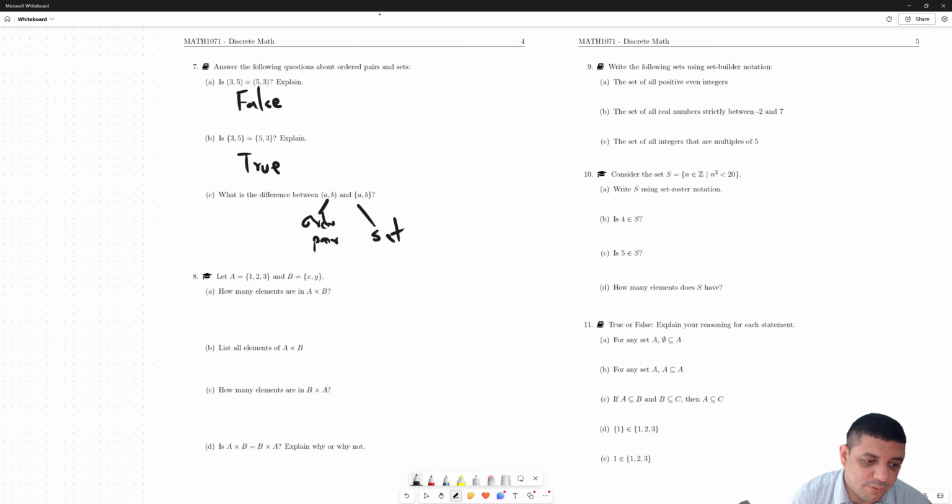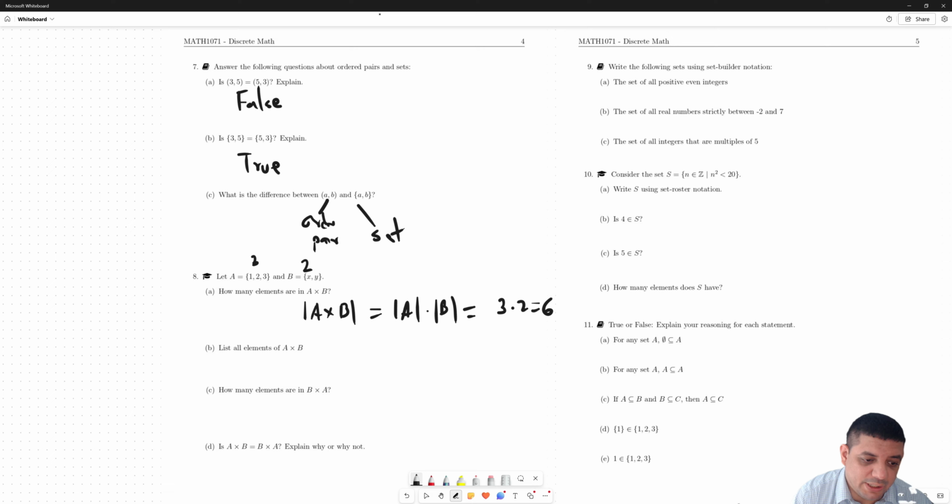Now, once again, we're going to consider the Cartesian plane. So how many elements do we have in A? How many elements do we have in B? How many elements do we have in A times B? Well, we have 3 elements here, and we have 2 elements here. So the number of elements in A times B is the number of elements in A times the number of elements in B, which is 3 times 2, which is 6.